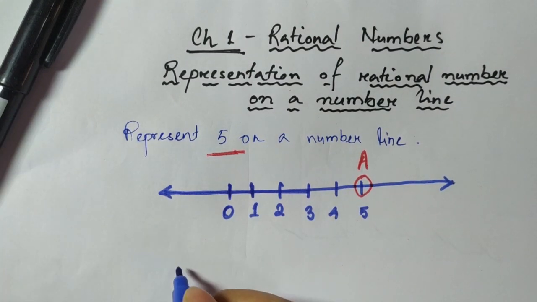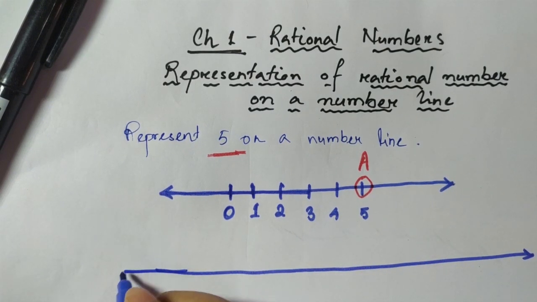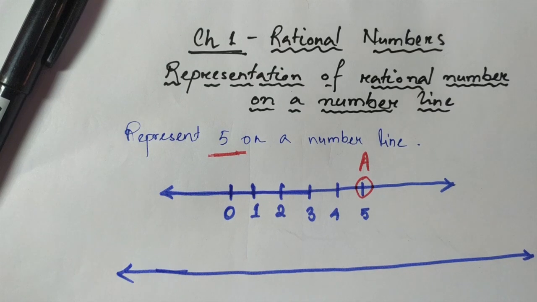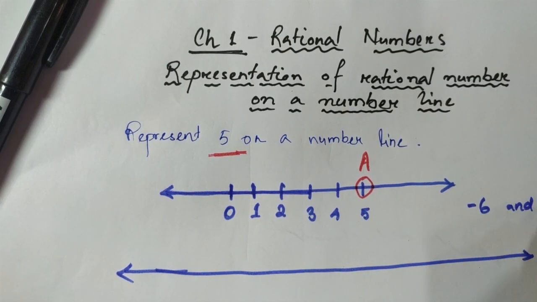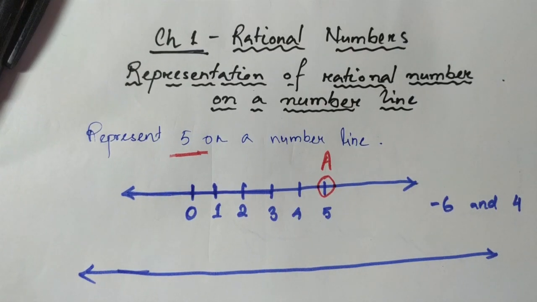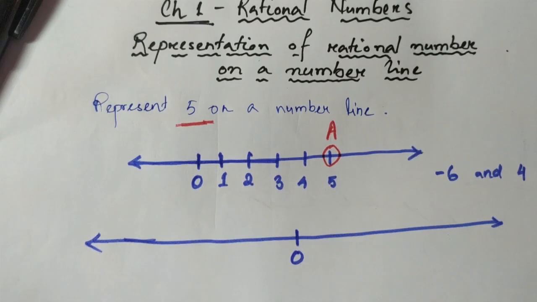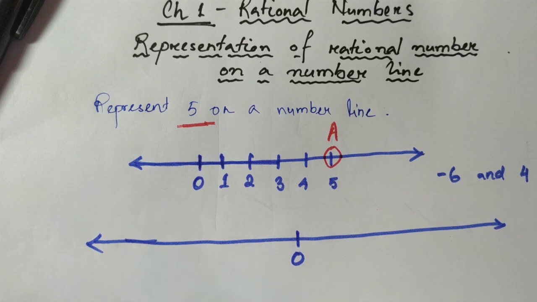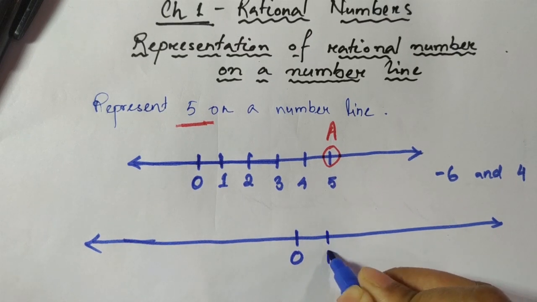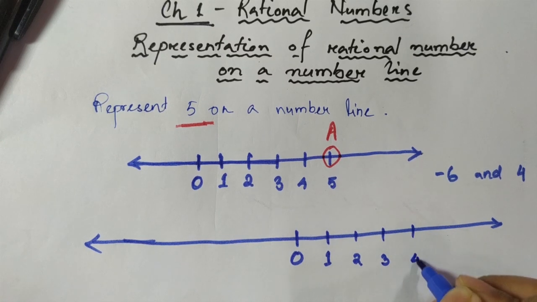Suppose you are asked to represent -6 and 4 on the number line. All of us know, this is your 0. The positive numbers are on the right side and negative numbers on the left side. So let me mark 1, this is 2, this is 3, and this is 4.